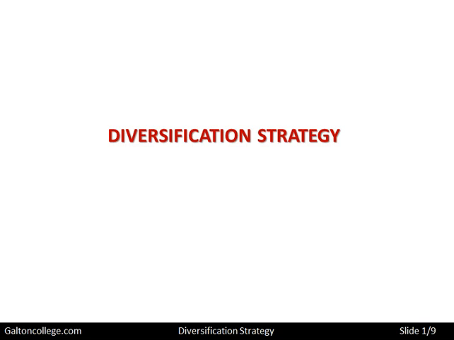This is a very short class on ideas associated with diversification strategy. So we're going to talk just very briefly about diversification. Diversification efforts may be either internal or external. So external is looking to merge with other companies or to acquire the other companies.